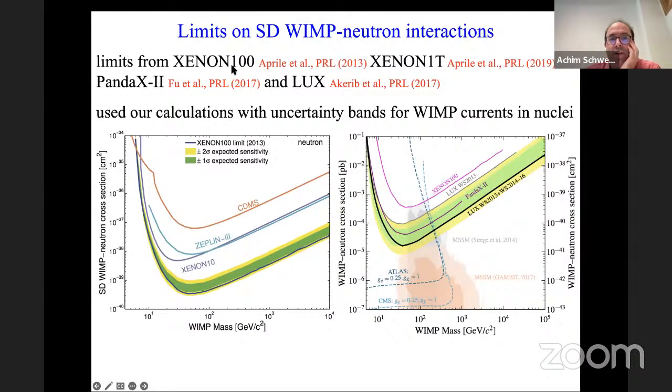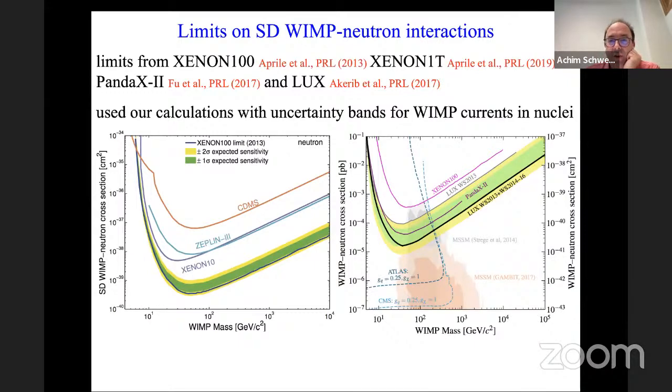And in fact, for all the spin-dependent xenon limits, our calculations have been used as the response, as the differential cross sections. So this is XENON100, and I just picked the old one for a reason that I want to show you now, and this was, for example, LUX recently. And it's important to compare these limits, also to use exactly the same nuclear physics response functions.